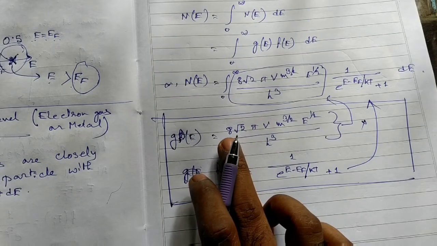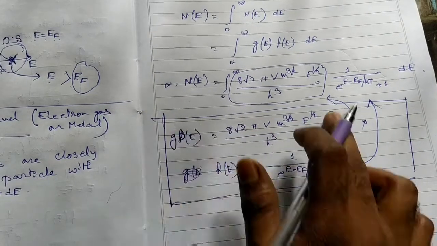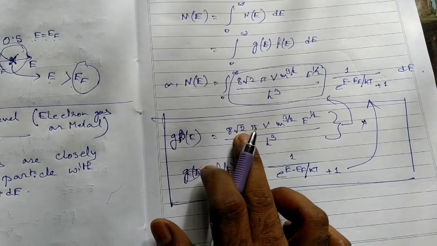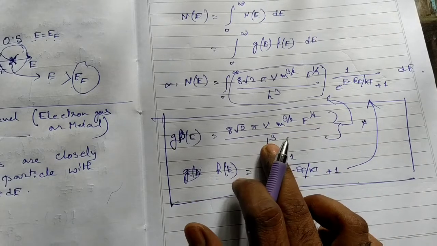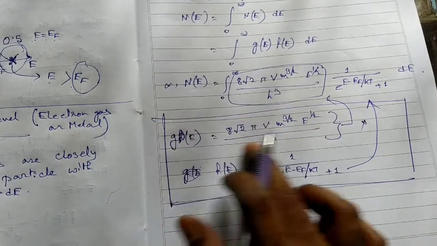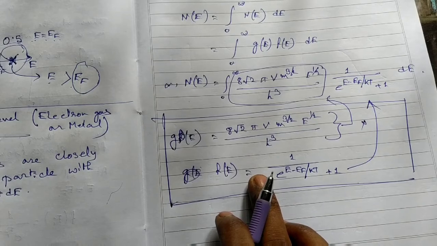That's why 2 is multiplied with this whole function, and it becomes 8 root 2 pi V m to the power 3 by 2 E to the power half by h cube. We already constructed this function in the density of state lecture.